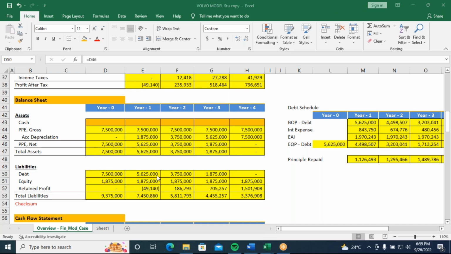Sorry girls, here I have made a mistake in the debt amount. Here, the debt schedule, what we have calculated, no? By the end of the period, what is the debt value I have? I need to take that. I made the mistake over there.